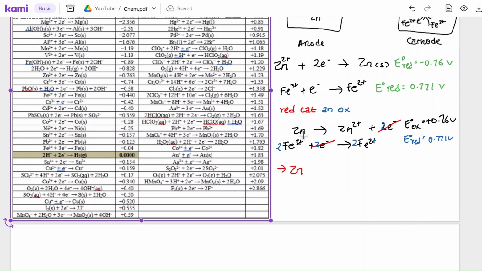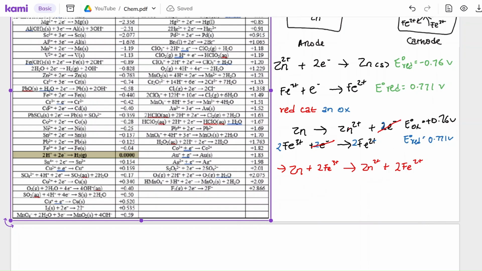So put the reactants, zinc plus 2Fe3+, becomes, now the products, Zn2+ plus 2Fe2+. And now this is the full reaction of both of them combined.